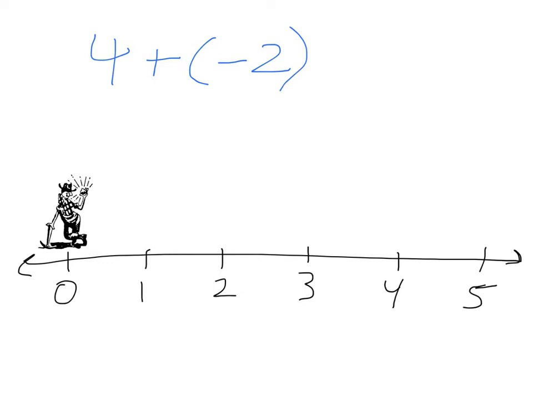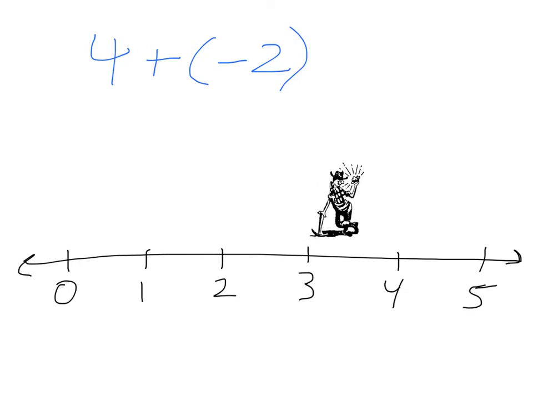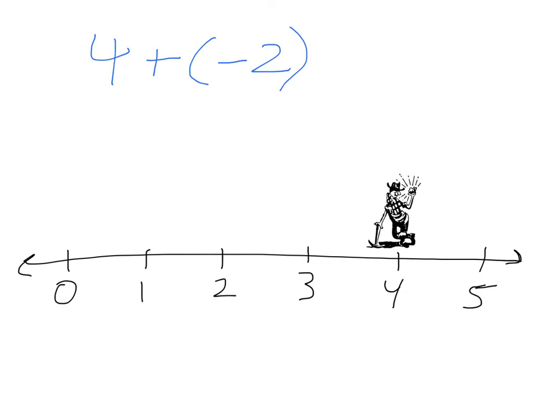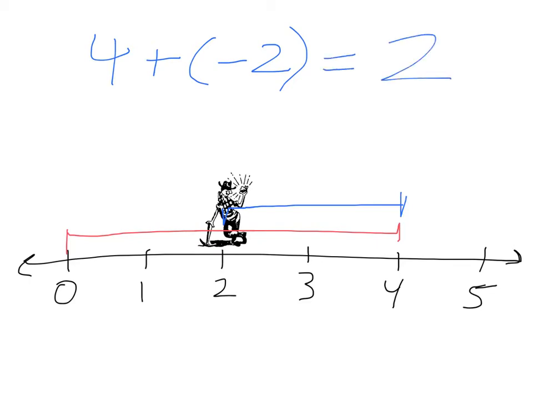Mike's going to go forward 4: 1, 2, 3, 4 spaces. But then it says plus negative 2. Well, if a positive number means to go forward, a negative number would mean to go backwards. And so I went forward 4, and then I went backwards the negative 2. And hence my answer came out to be 2.